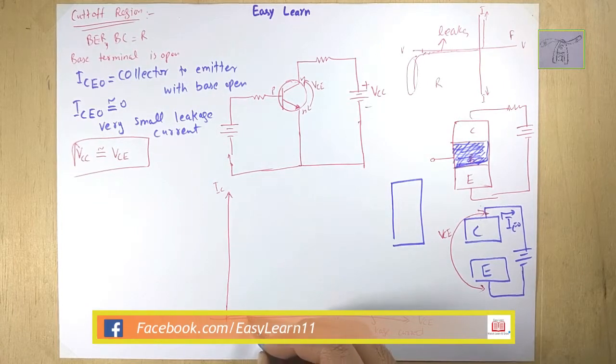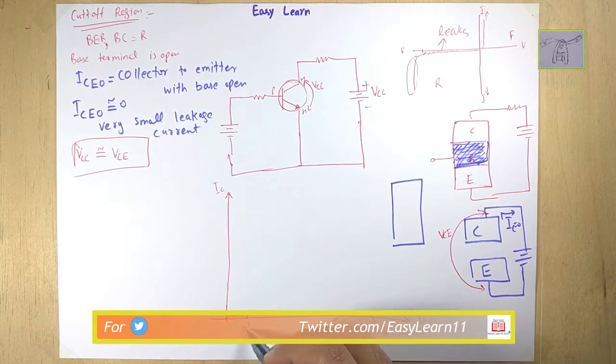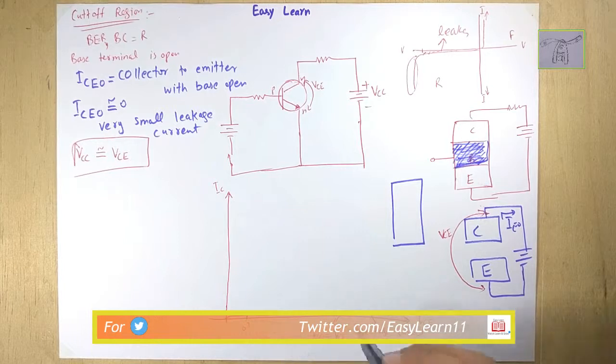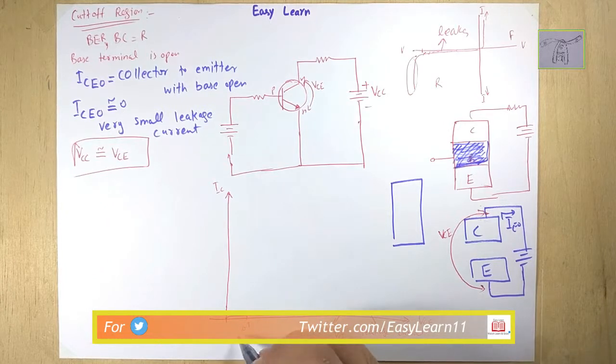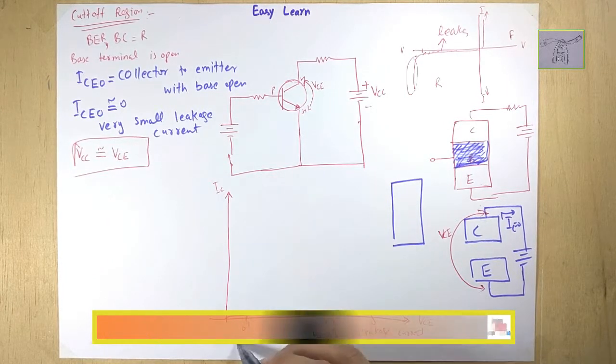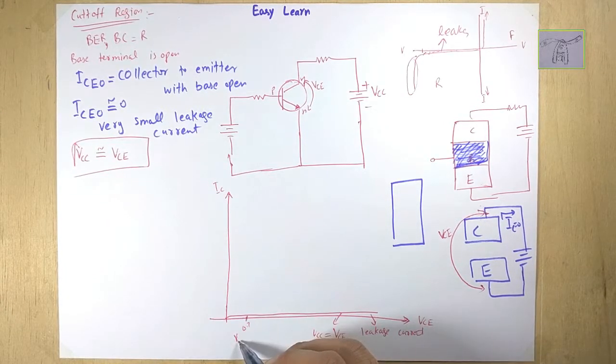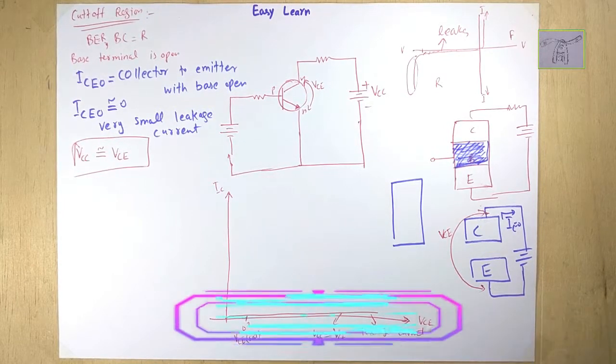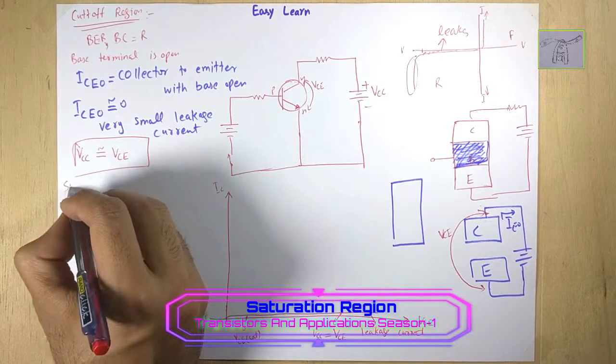At this point it is approximately 0.7 volt, but it can vary from transistor to transistor, and let's say this is 0.7 volt. This is often called the VCE saturation point. Now, what is the saturation region?